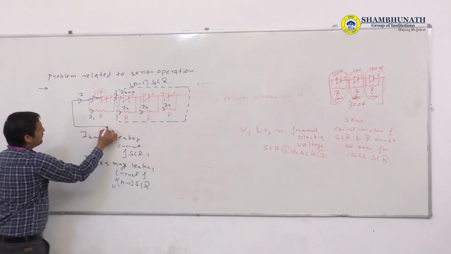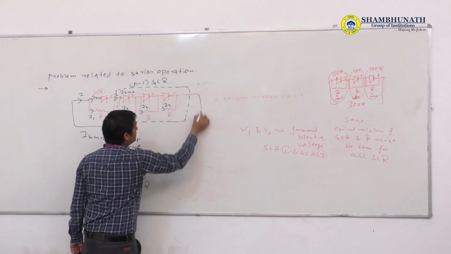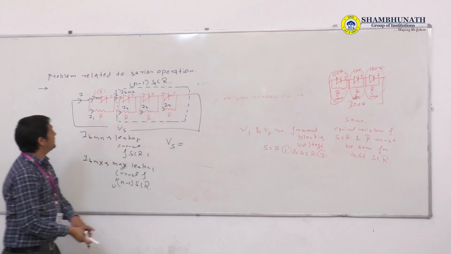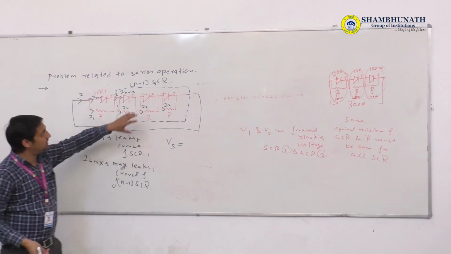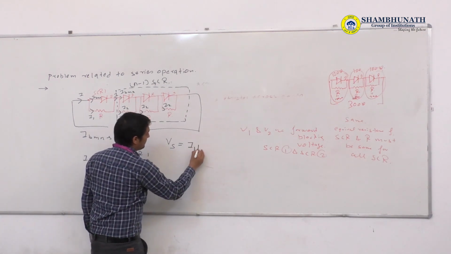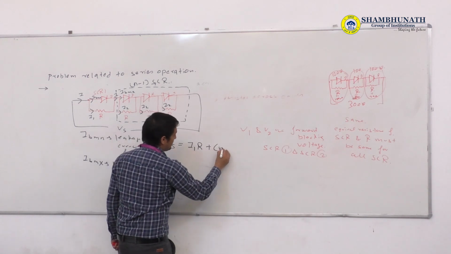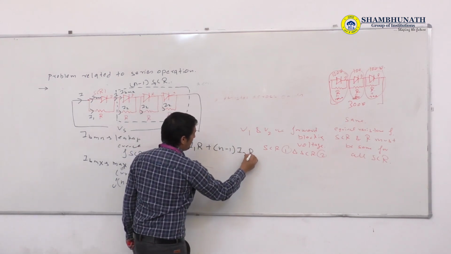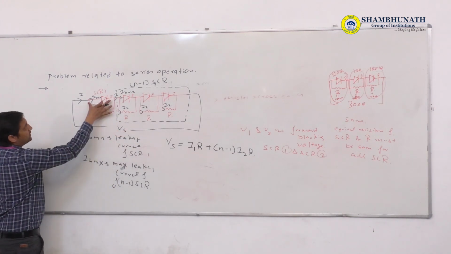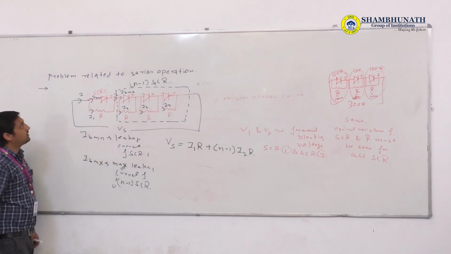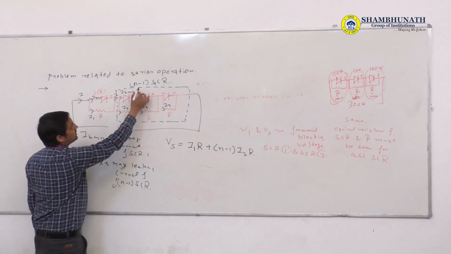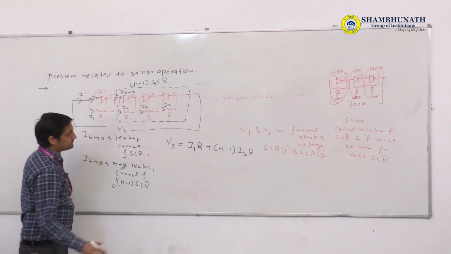Now when we apply a voltage across this combination, the total voltage Vs is equal to the voltage across this combination and the voltage across this combination, which is equal to I1 into R plus N-1 into I2 into R. The total voltage is the voltage across thyristor 1 and the voltage across N-1 thyristors.